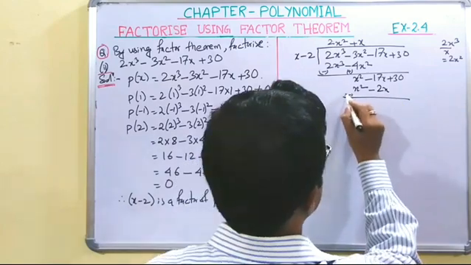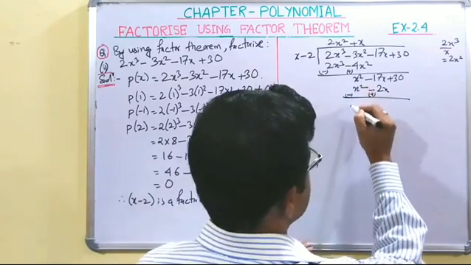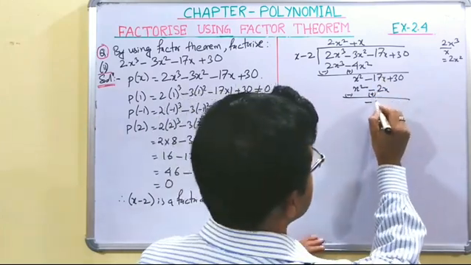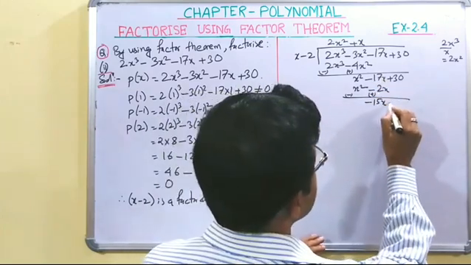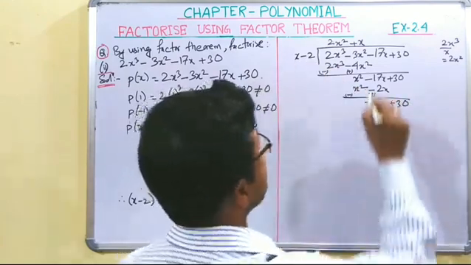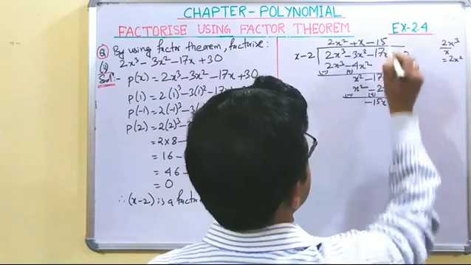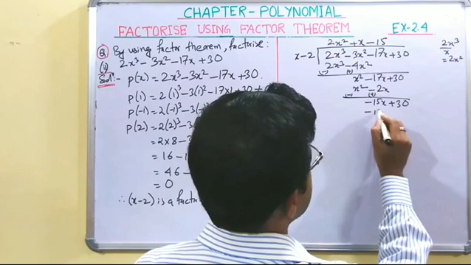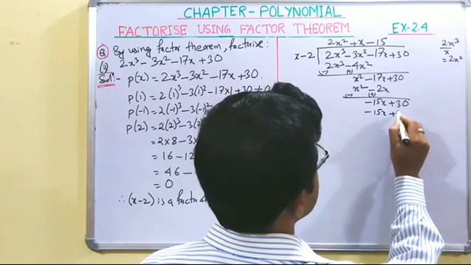We shall subtract again. This will get cancelled. So this is minus 17x and this is plus 2x. Their sum is minus 15x plus 30. This is x, this is minus 15x, so we put minus 15. Minus 15 into x minus 2 is minus 15x plus 30.